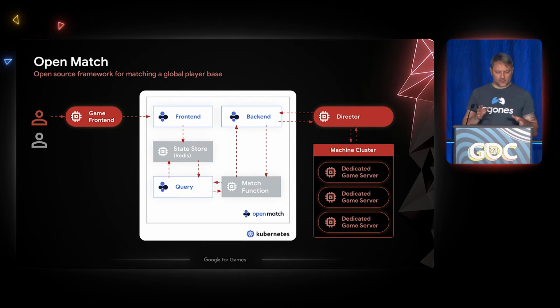We have a variety of pieces to it, but essentially you end up writing your own match function. You plug it into the match framework, and through a series of profiles and your custom match functions, you're able to define groups of players together and then put in your own custom logic for how those players get put together into groups, either latency, social graph. Really, it's entirely up to you.